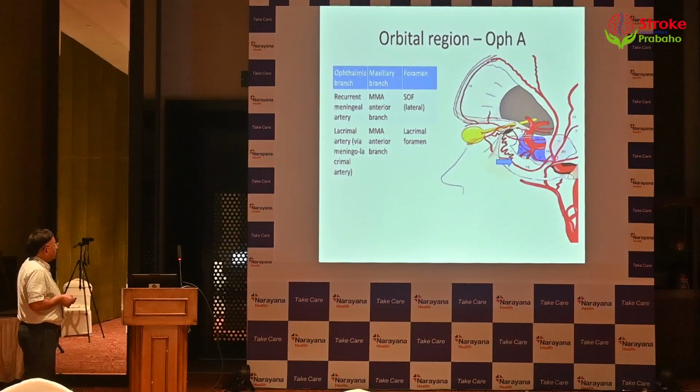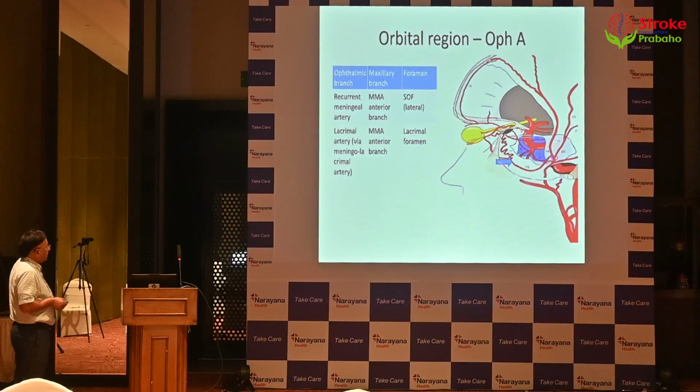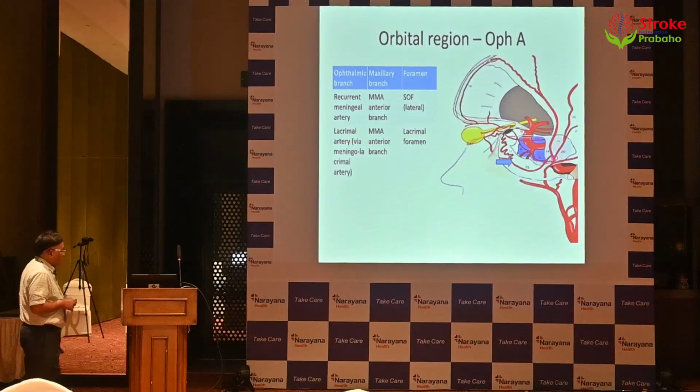So in the orbital region, this is the ophthalmic artery, this is the middle meningeal artery, and this is communicating with the ophthalmic artery, anterior division. So it has communication with the recurrent meningeal artery, and it has communication with the lacrimal artery via the meningo-lacrimal branch.